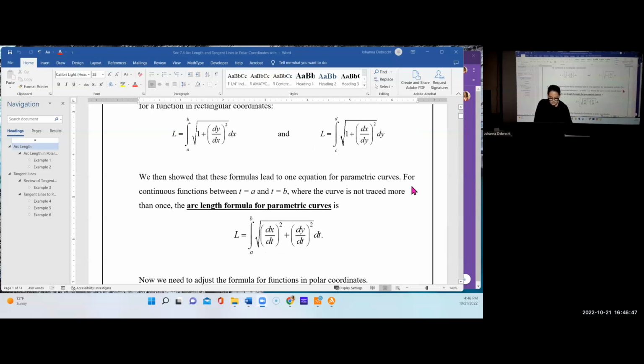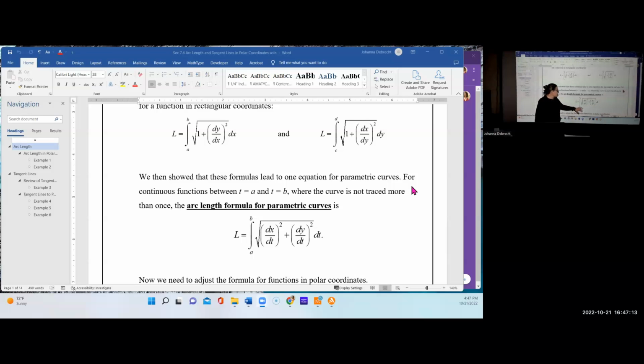In the parametric system, we saw that when converted into their parametric form, both the integral with respect to x and the integral with respect to y simplified and became exactly the same integral. So when we find arc length for a parametric curve, we only have one formula.